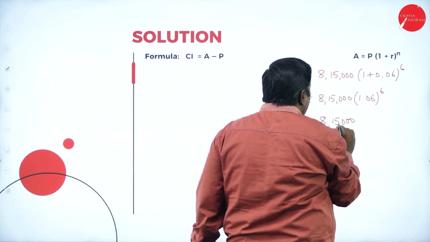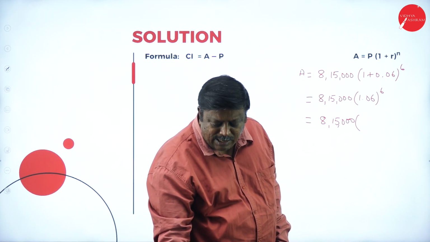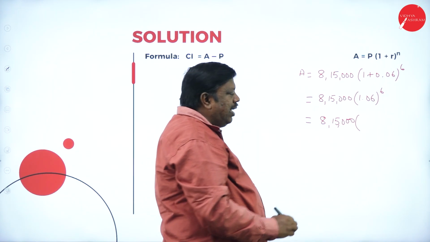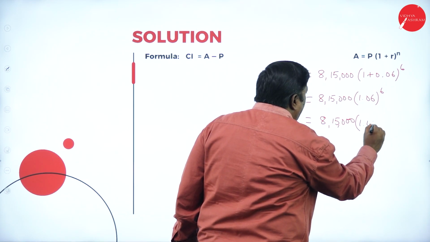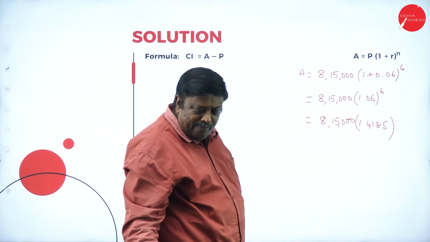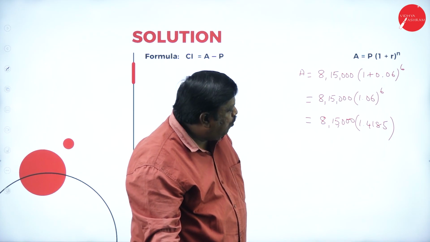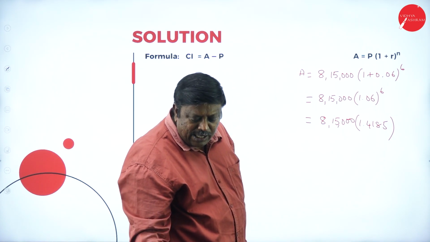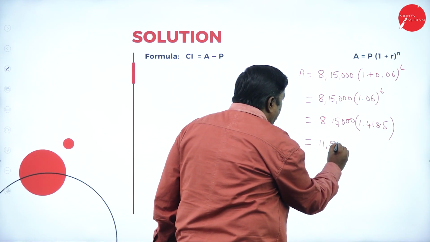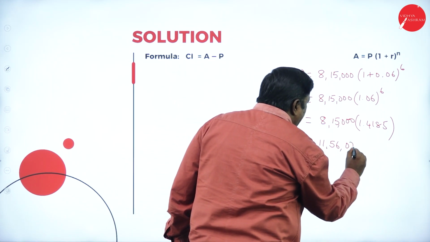8,15,000 into 1.06 to the power of 6, that is 1.06 multiplied 6 times, so it will be 1.4185. 8,15,000 into 1.4185 will be 11 lakh 56,077.